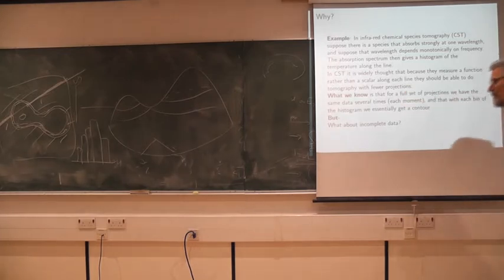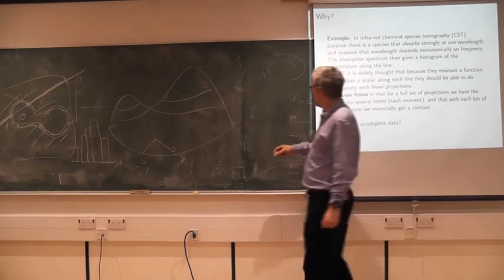But there are some other problems where stuff is affected separately in some different variable, and spectral problems are a good example of that. So, infrared chemical species tomography: we put in a whole bunch of different wavelengths of infrared light. The idea is that they have some absorption spectrum.